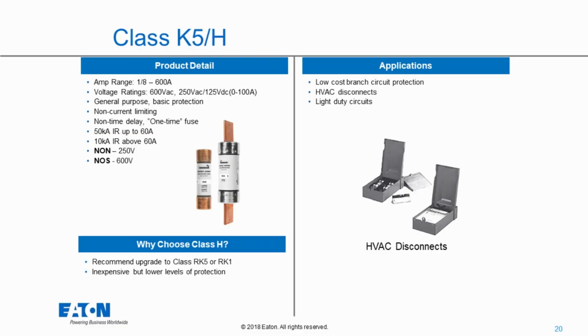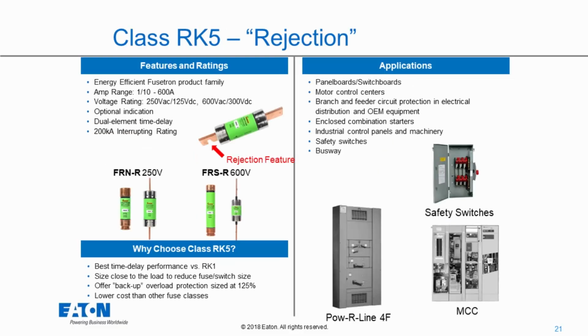As we move to the better class of protection, which is our RK5 series, the RK5 is kind of our workhorse fuse at Bussmann. We sell a lot of these fuses for industrial applications, for safety switches, motor control centers. We put them in panel boards, switchboards, those types of applications.